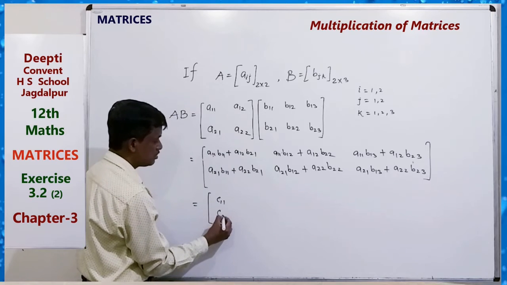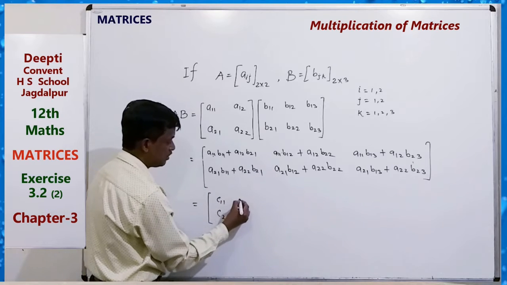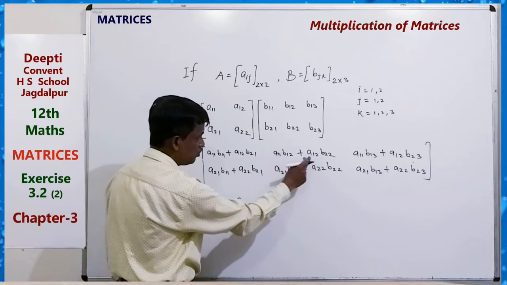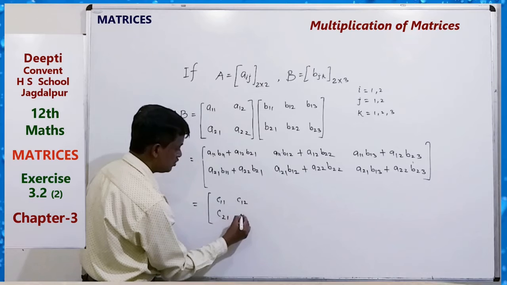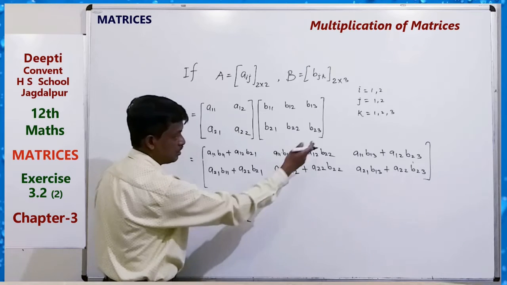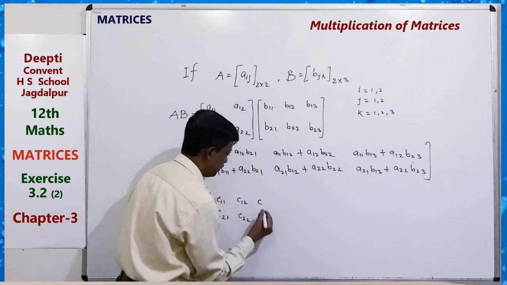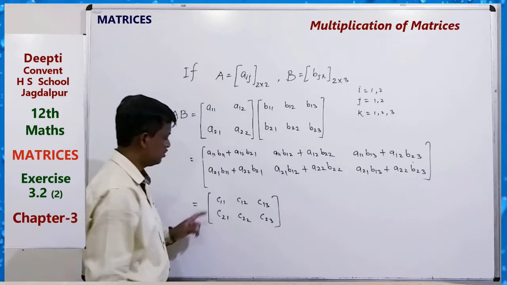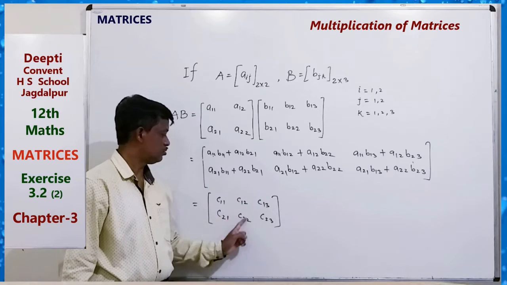So C 1 1, C 2 1 2 1. Here this is denoted by C 1 2, C 2 2. Here just 1 3, 2 3. So this is the notation: C 1 1, C 1 2, C 1 3, C 2 1, C 2 2, C 2 3.